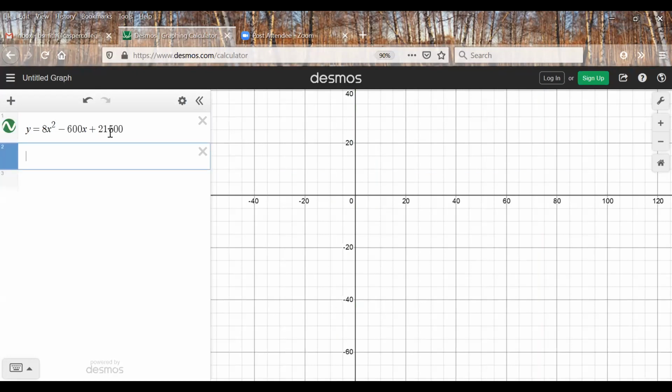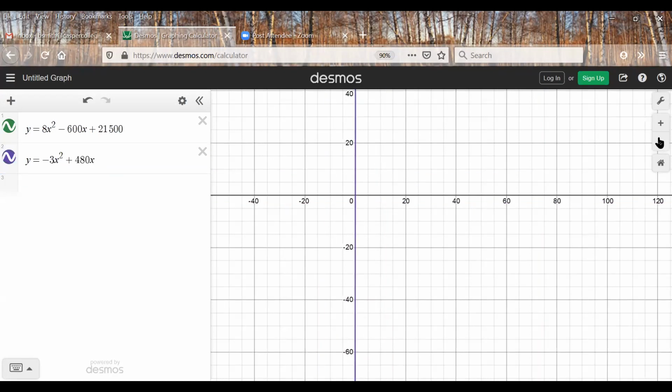And the other one was y equals minus 3x squared plus 480x. Okay, so those are my two graphs.